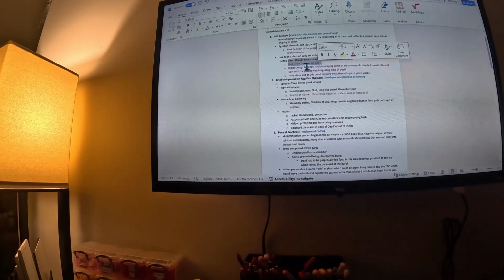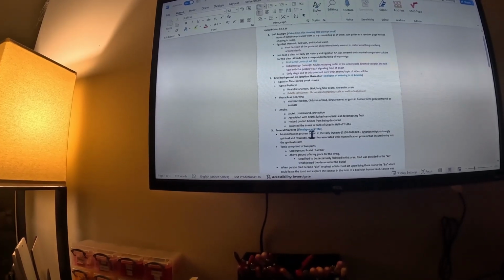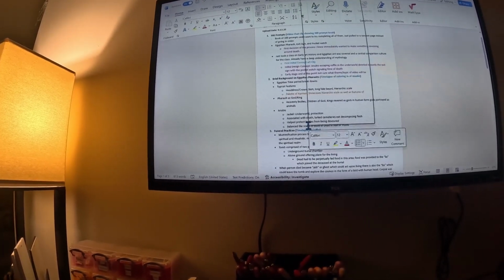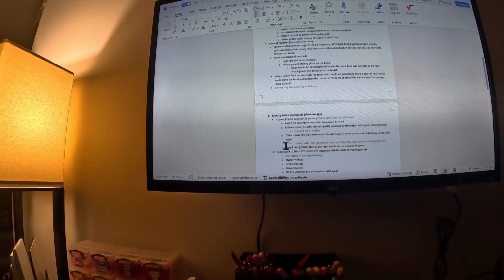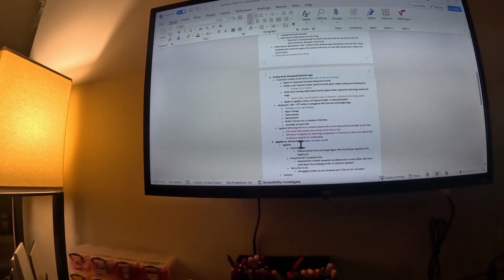The blue is videos that I already had recorded to put in, and then this orange is photos or videos or something to add on screen.